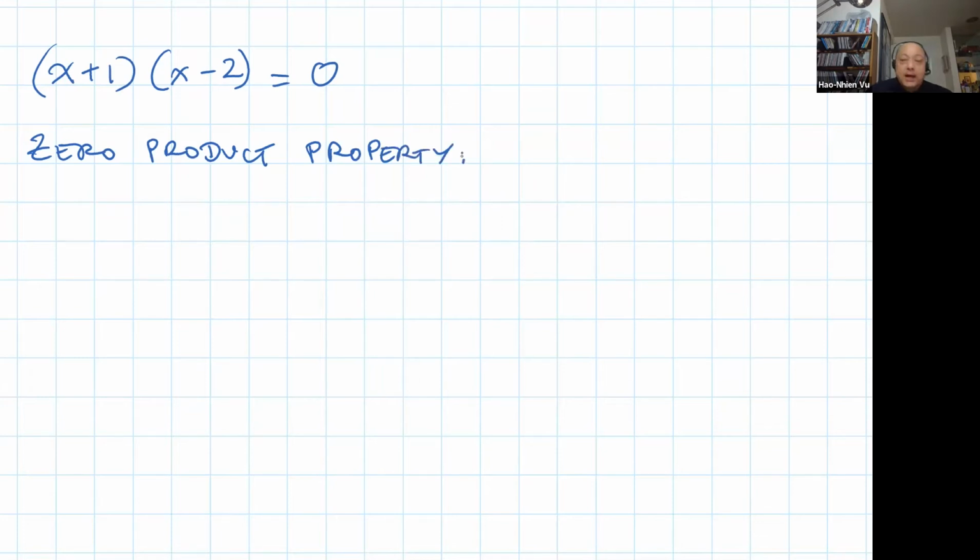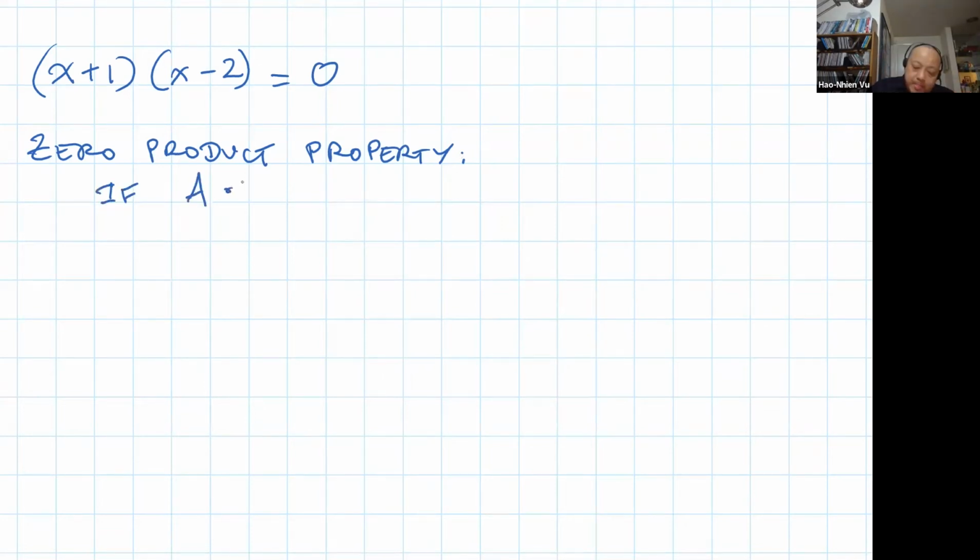This is what I mean. Let's say that you have this equation, x plus 1 times x minus 2 is equal to 0. Then we take advantage of what's called the zero products property. It says that if two things multiply to 0, one of them has to be 0.